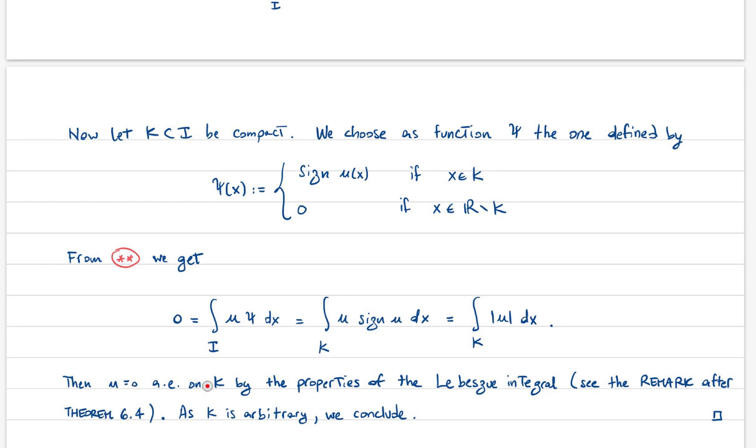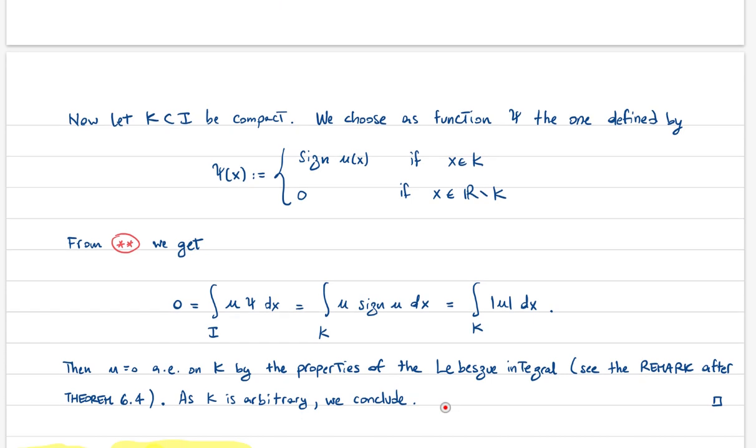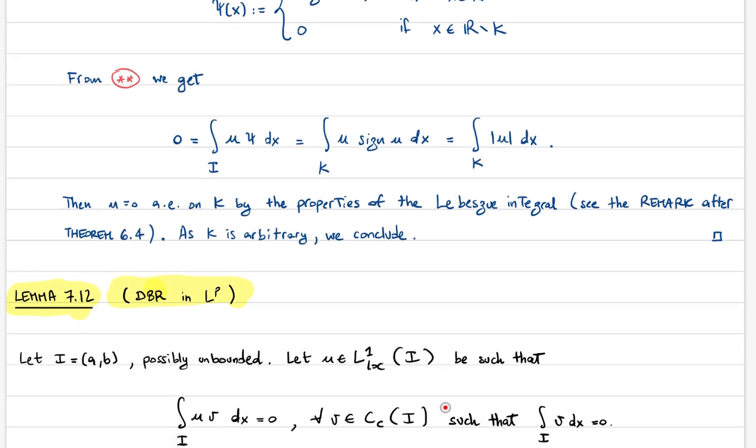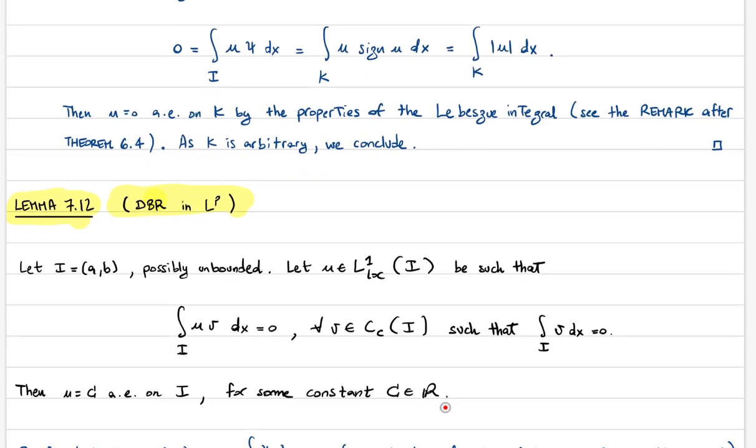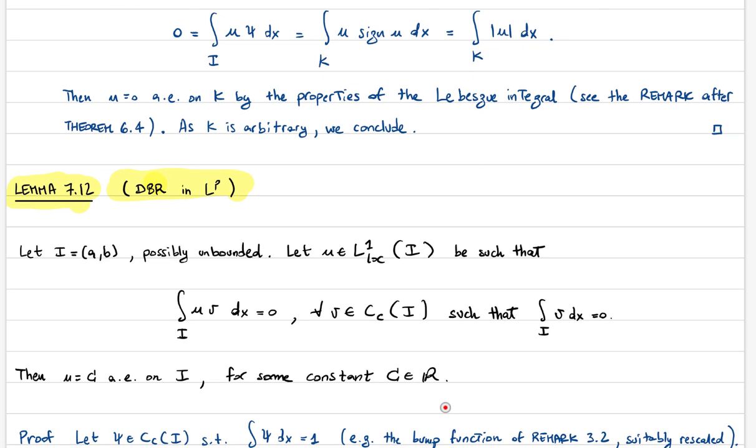So u is equal to 0 almost everywhere on k, but k was an arbitrary compact set contained in I, and therefore we conclude that u is equal to 0 almost everywhere on I, which was our thesis. So okay, now we established the fundamental lemma of calculus of variation in LP, and we pass to prove the Dubois-Reymond lemma in LP, and we do it in the second part of this class.